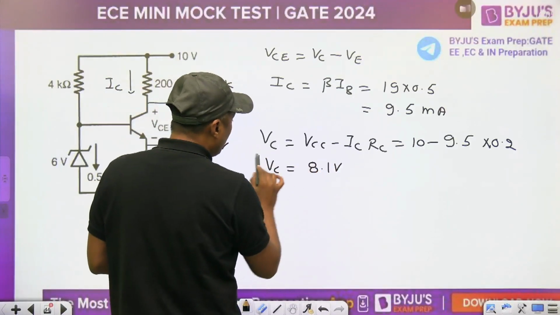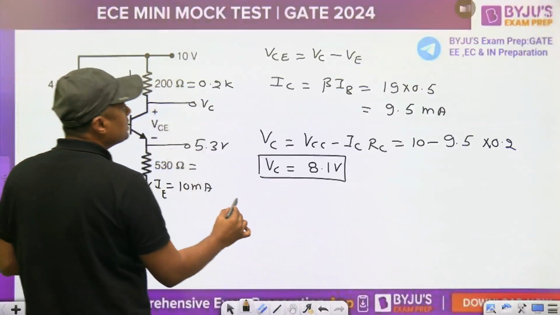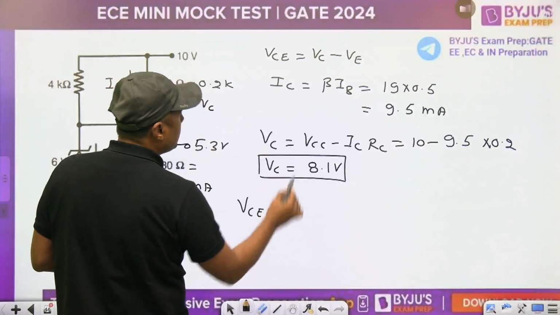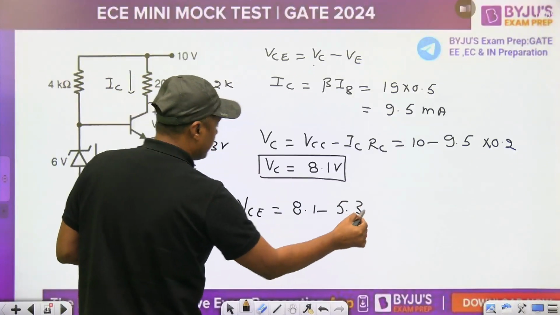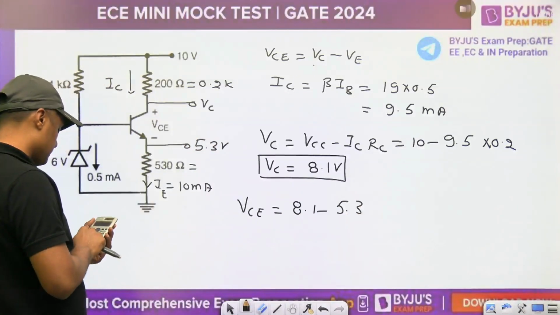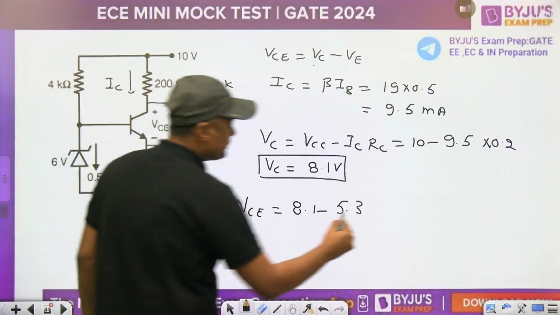This is the value of VC, not VCE. VC is 8.1, VE is 5.3. Then what is the value of the VCE? From this, 8.1 minus 5.3, you will get 2.8 volt.